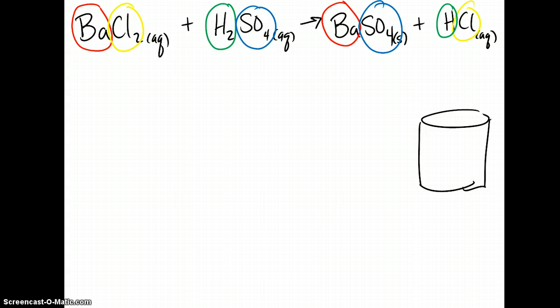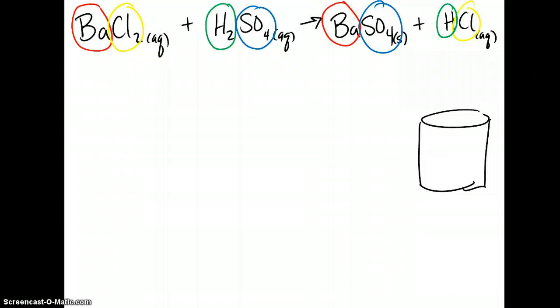Okay, so what I'd like you to do right now is draw what that's going to look like in the beaker. Go ahead and pause, draw what it would look like in the beaker, and we'll start by doing our total ionic reaction then.